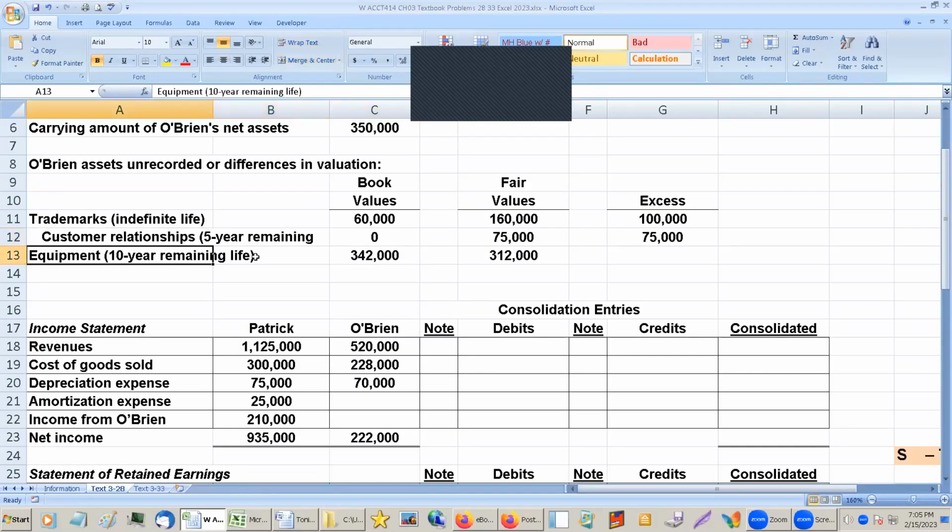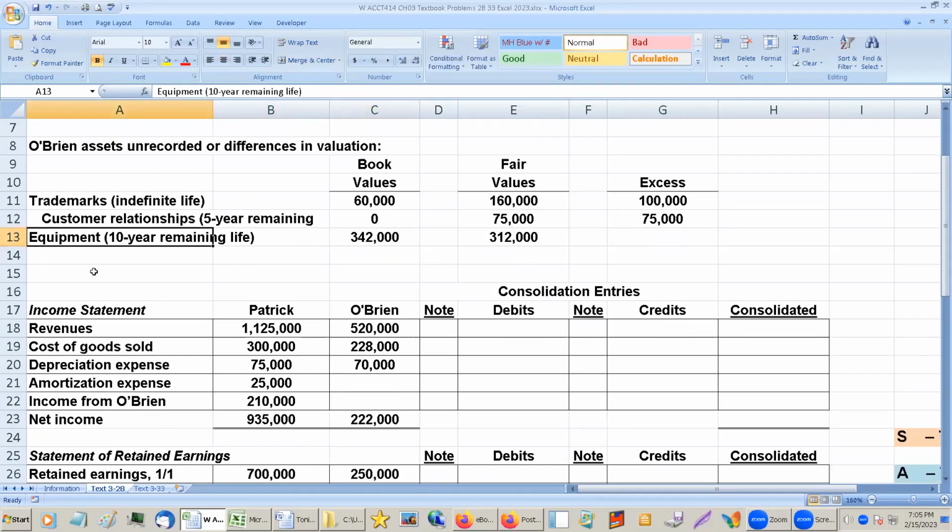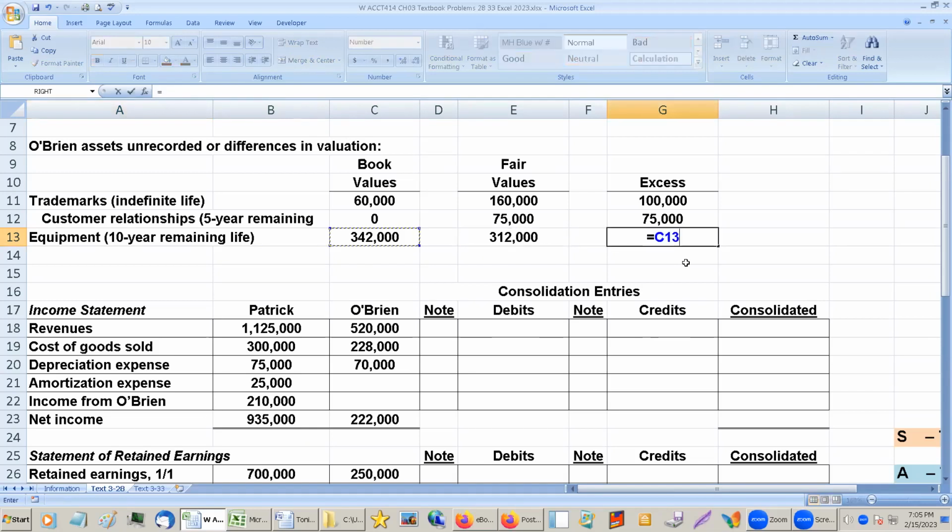Okay, now what's unusual about the equipment? It went down in fair value. Yep. The equipment is actually overstated by 30,000.